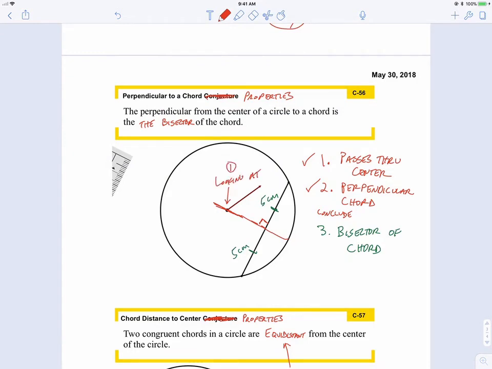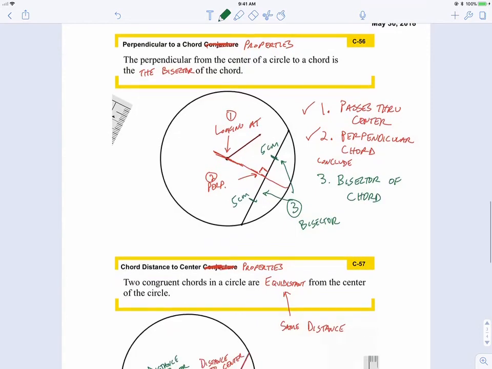That's condition 1. In condition 2, I have to tell you that it's perpendicular to the chord. If those two things happen, then I can conclude that those two segments are equal because it's bisected the chord.